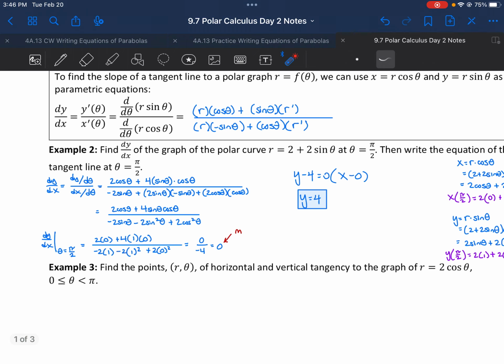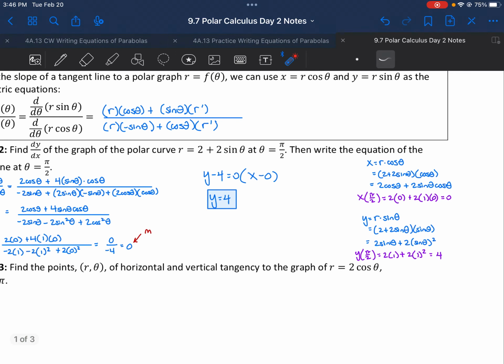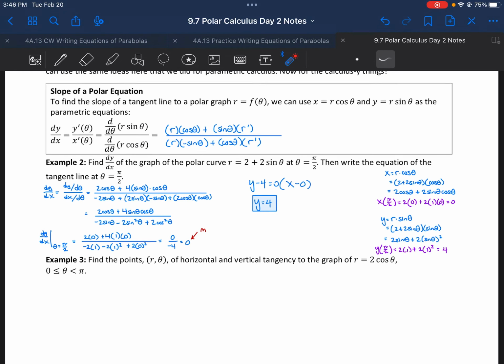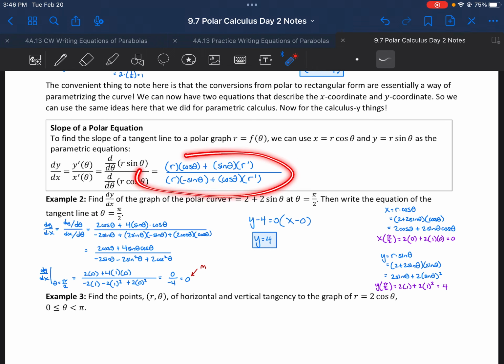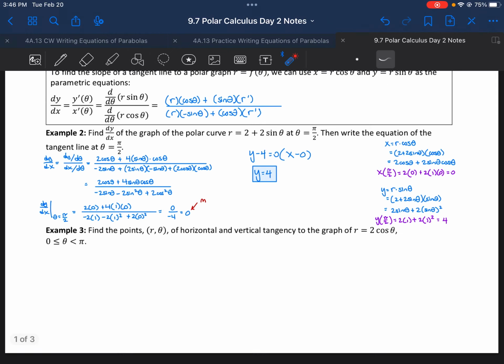You know, dy dx was dy d theta divided by dx d theta. So we could just go ahead and calculate dx d theta and dy d theta because we already had x and y in terms of theta. Okay, so this particular formula, you honestly don't really need to memorize it so much as be able to reproduce it. Okay, be able to derive it.